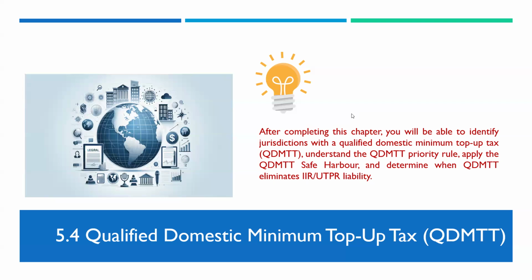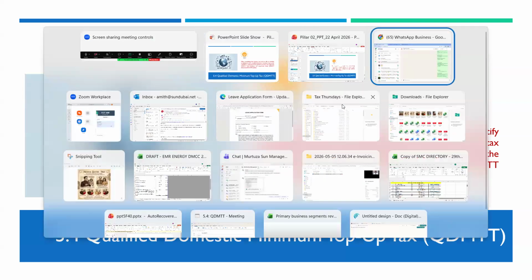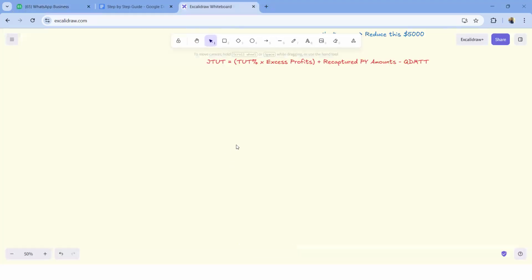Okay. Now, why would anybody have a QDMTT? You tell me. Why is QDMTT a part of this GloBE computation?